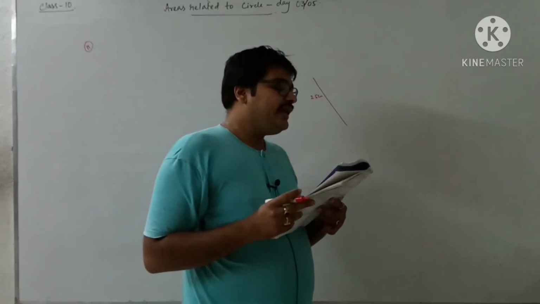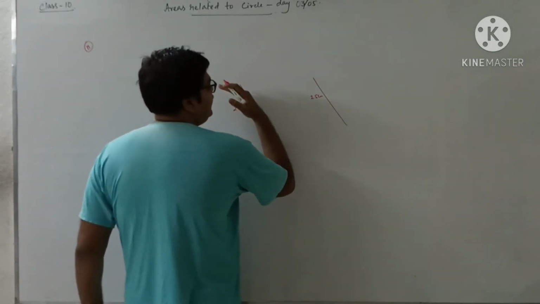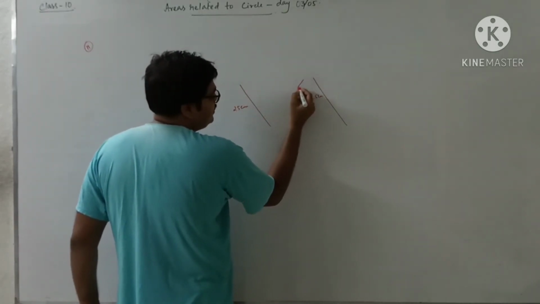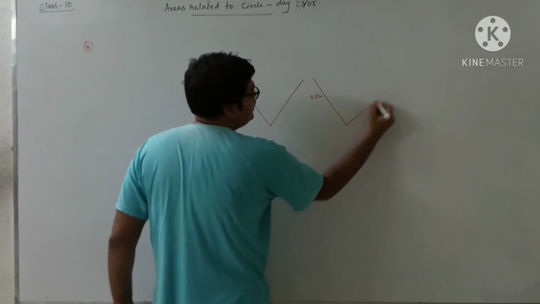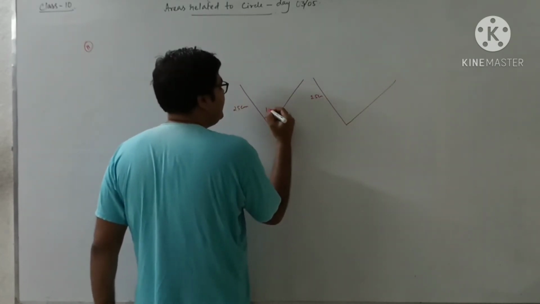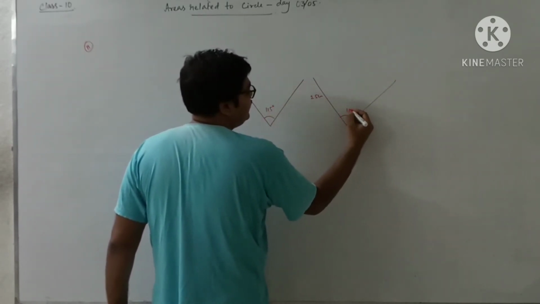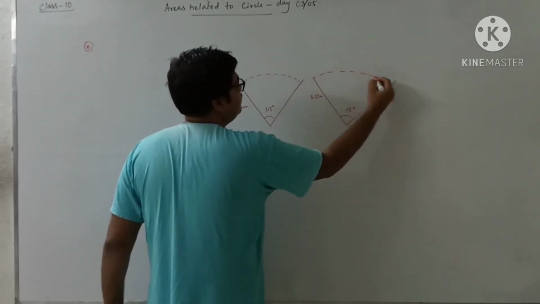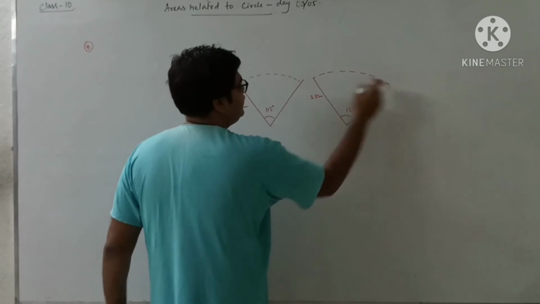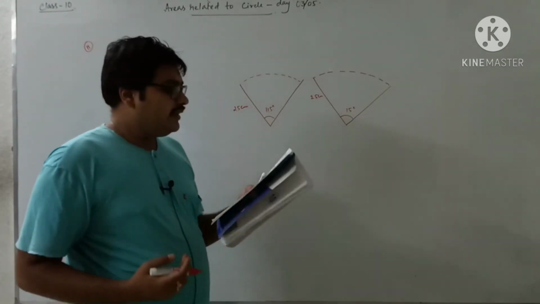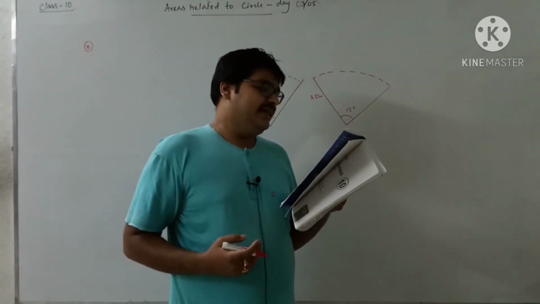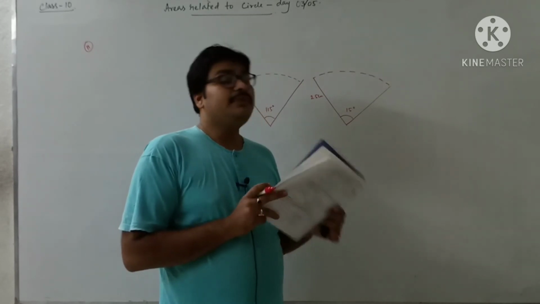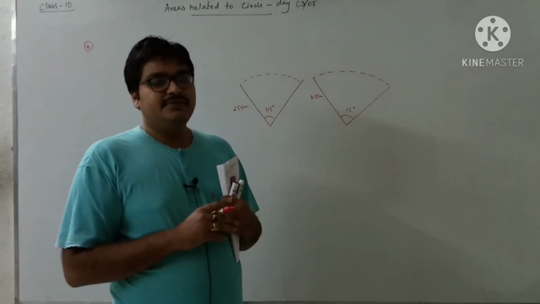Sweeping through an angle of 150 degrees. Whenever it sweeps, this one also and this one also sweep at an angle of 150 degrees. And the total area cleaned at each sweep of the blades. Total area.